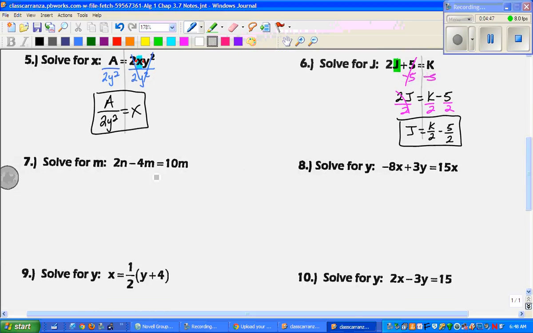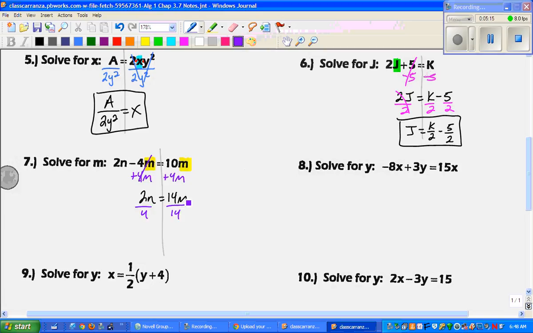All right, solve for m. Draw my line. We have m on both sides. So let's get our m's on one side. Those m's cancel. 2n equals 10 plus 4, which is 14m.